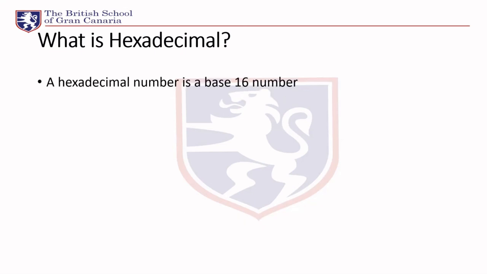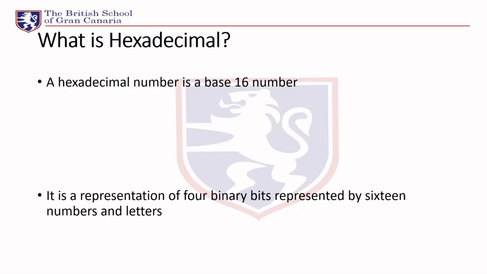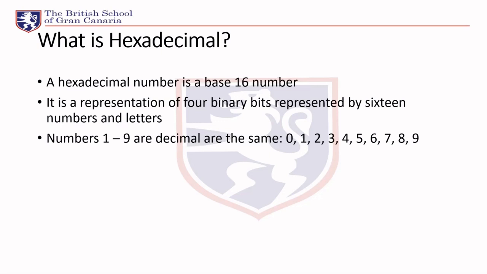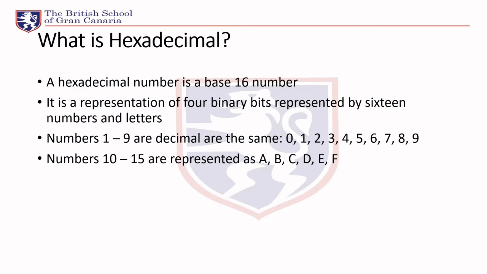A hexadecimal number is base 16, meaning we multiply everything by 16. It's a representation of 4 binary bits represented by 16 numbers and letters. We use numbers 1 to 9, just the same, but anything after 9 becomes a letter. So numbers 10 to 15 are represented by letters.